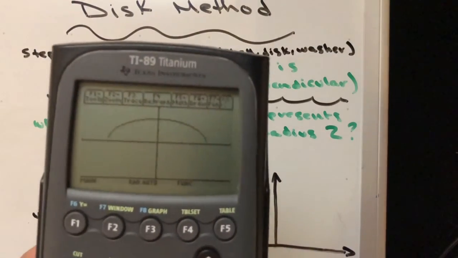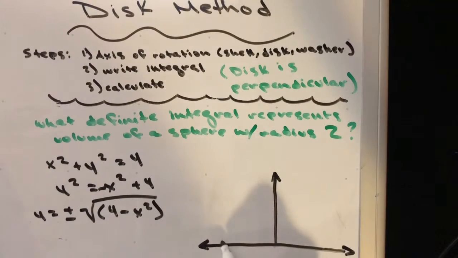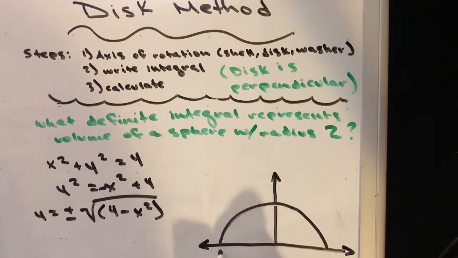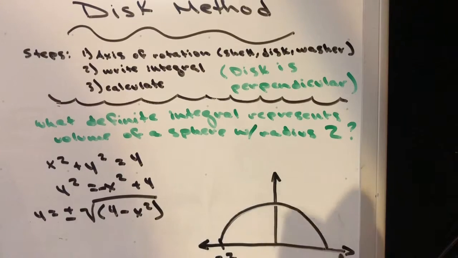So I just plugged it in, and this is what you get. It's where this point is negative 2, and this point is 2. And since we'll be rotating it about the x-axis, these are going to be our 2 points. It'll be bounded by the x-axis, sorry.